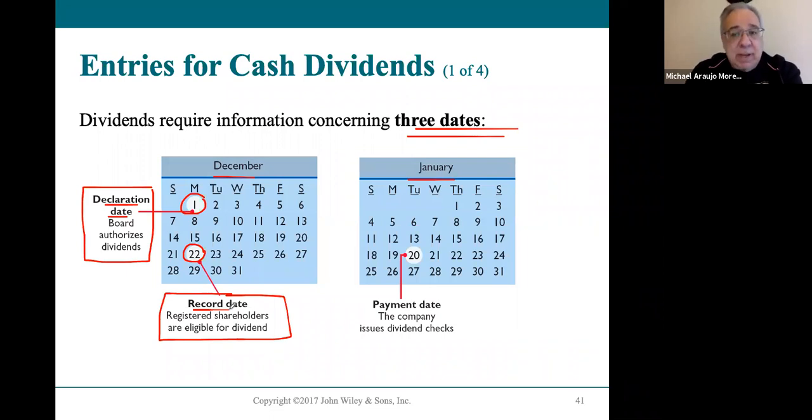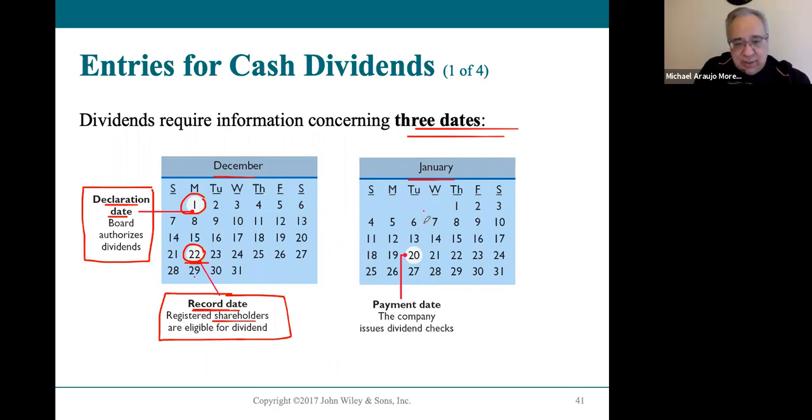In other words, there are companies that keep track of who the owners are and how many shares they own. And they do that every single day. The official name of those companies is transfer agent, but they are basically record keepers for corporations who have stock. So at the end of the trading day on the 22nd of this month, the corporation will get a record of all the shareholders and how many shares they have at the end of that day. These are the folks that are going to get the dividend.